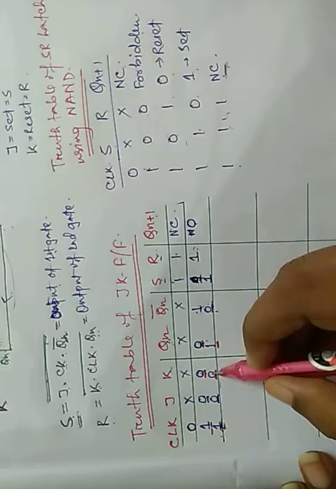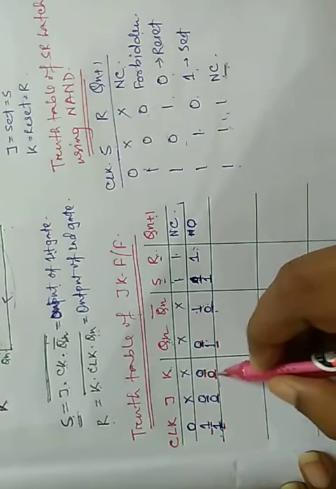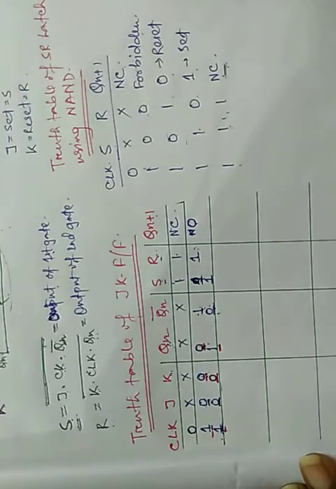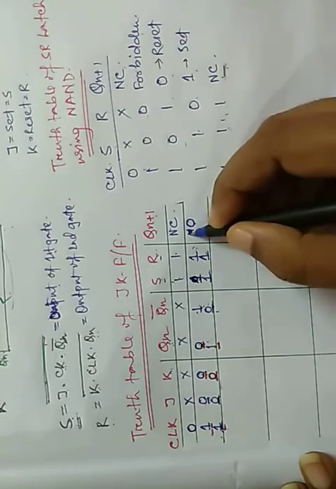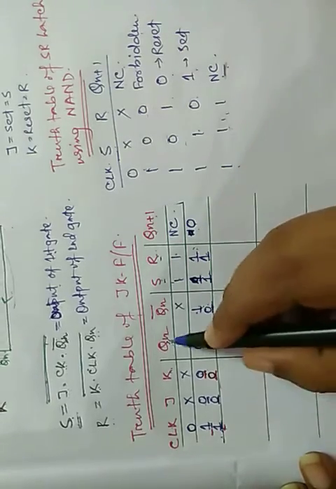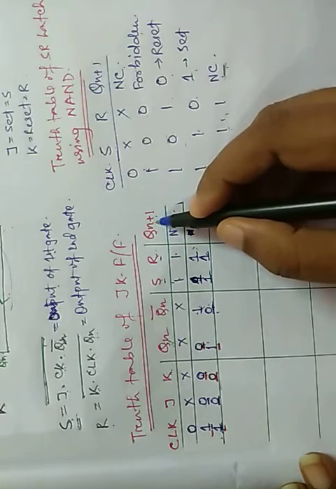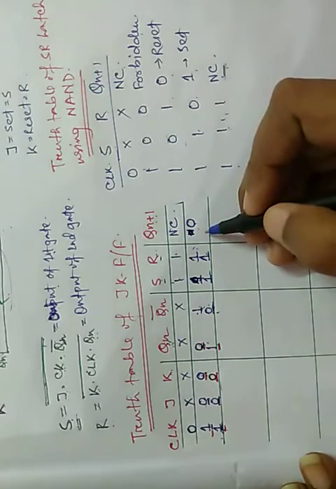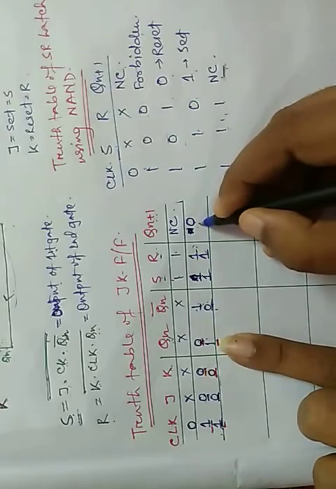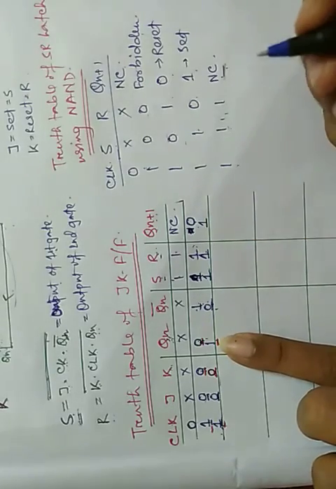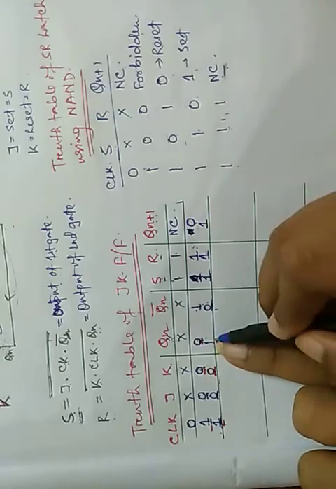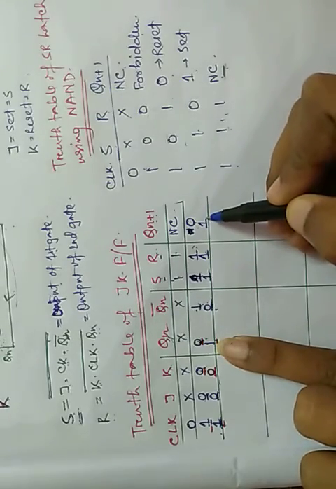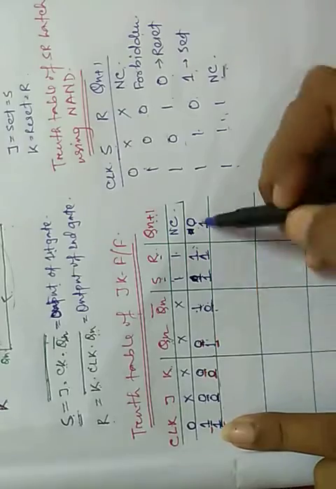Here also one of the values is 0, so the output also we get as 1. So 1 1 means no change. No change means the values of Qn and Qn plus 1 are the same. So here we can say its value is 1. As Qn is 0, it's also 0. Qn is 1, it's also 1. This is one condition check.